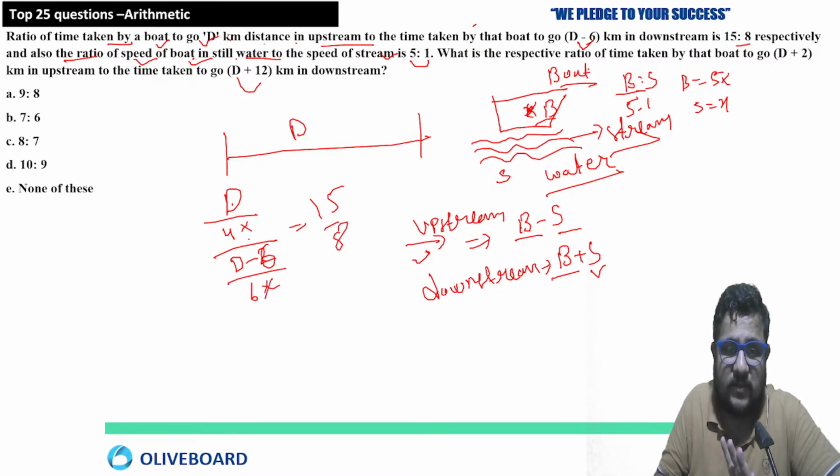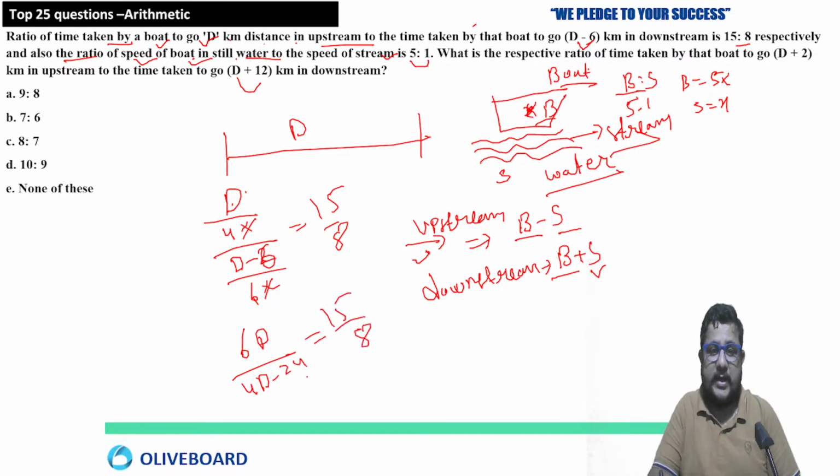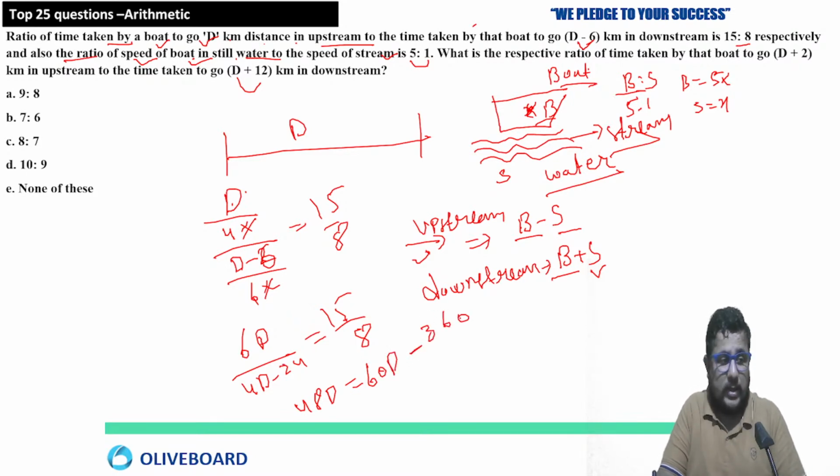So x and x cancel, 6 will go upside, 6d, right? Now this d minus 6 will be multiplied here, so 4d minus 24 equal to 15 by 8. So 8 you can transfer there, so it will become 48d, and 4d into 15 means 60d, minus 24 into 15 means 360, right?